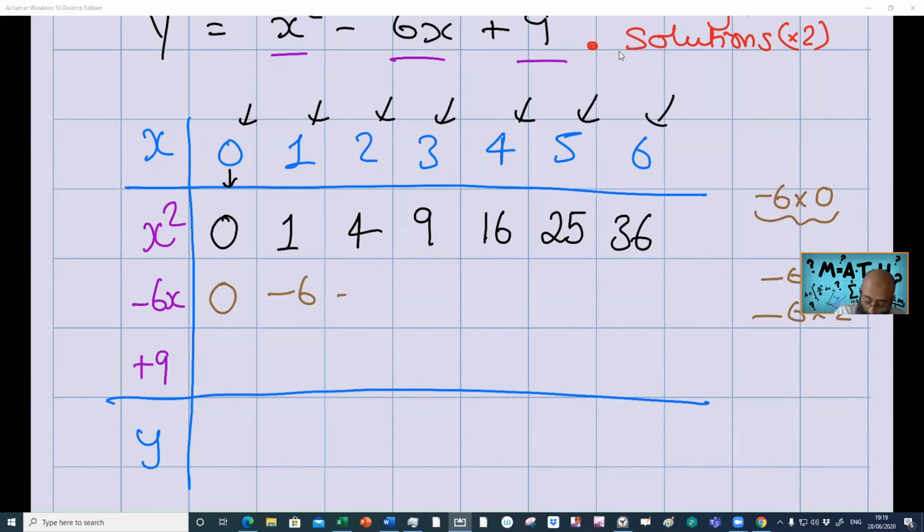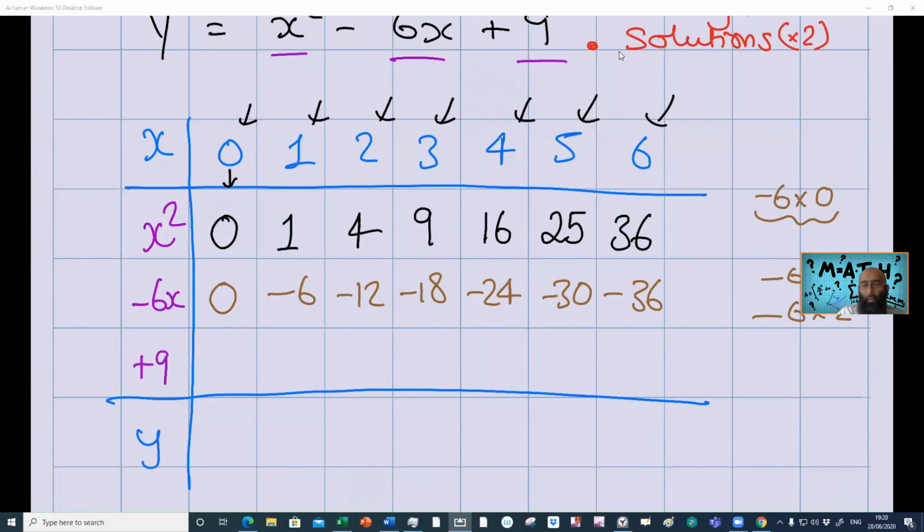Minus 12. Minus 6 times by 3 now? Minus 18. And minus 6 times by 4? Minus 24. And then minus 30 and minus 36.